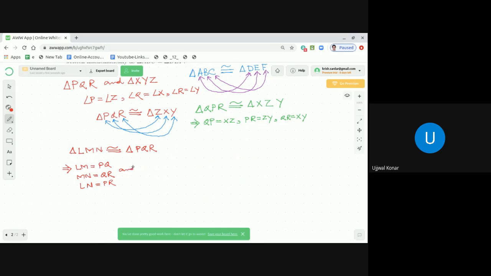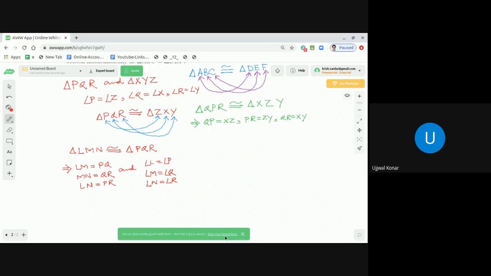And you can also conclude that angle L is equal to angle P, angle M is equal to angle Q, and angle N is equal to angle R. Now, if you write that sequence in a different manner, the person who is making a conclusion from that congruency will make a different conclusion. So maintaining a proper sequence while doing congruency is very, very important.